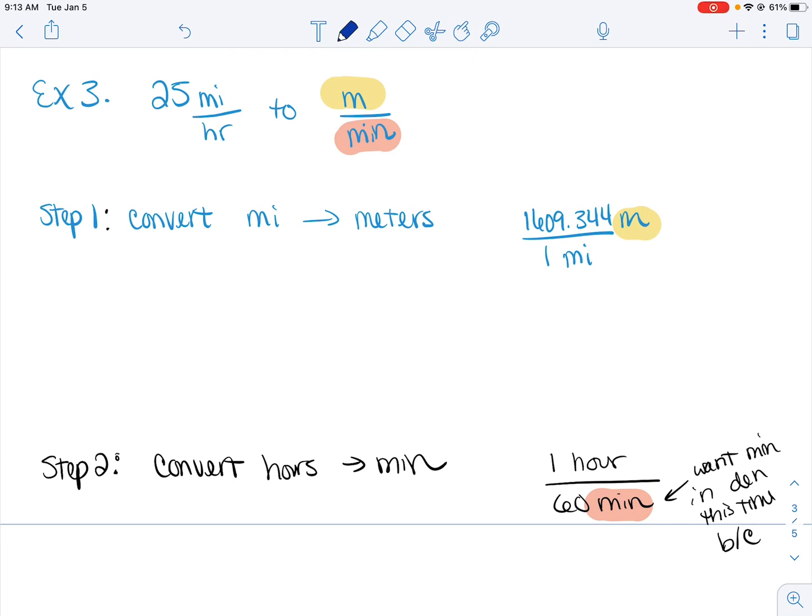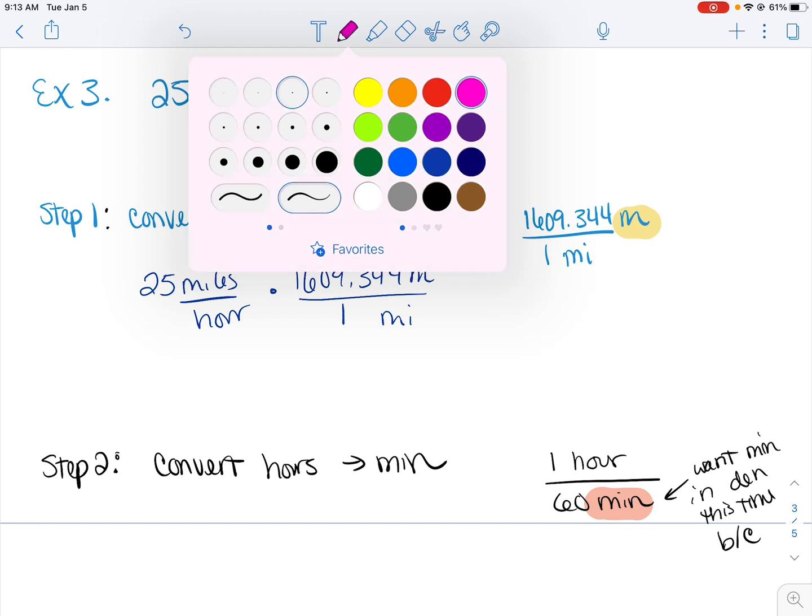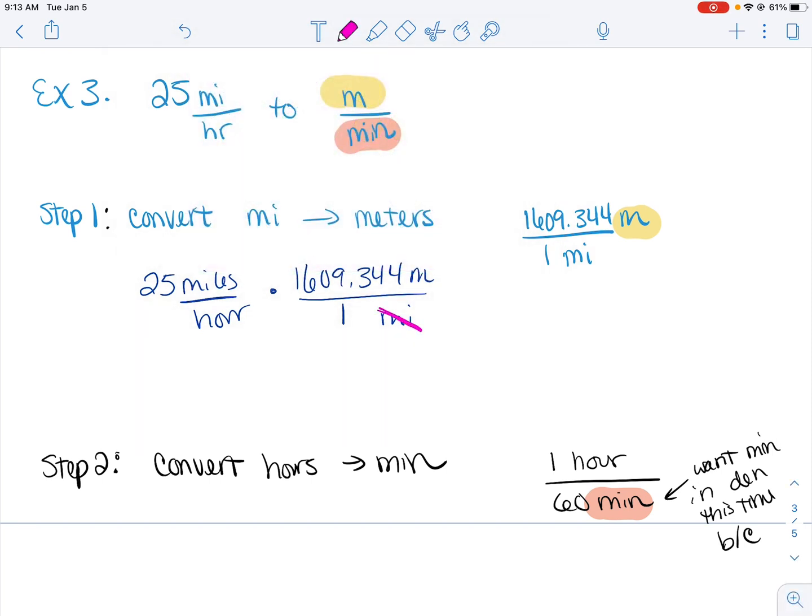So first step is to convert miles to meters here. Okay, so 25 miles per hour. We're going to multiply that by 1609.344 meters in 1 mile. We talked about what can happen if the units are across from each other. Those miles will cancel.